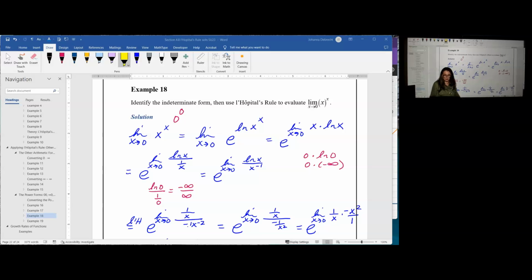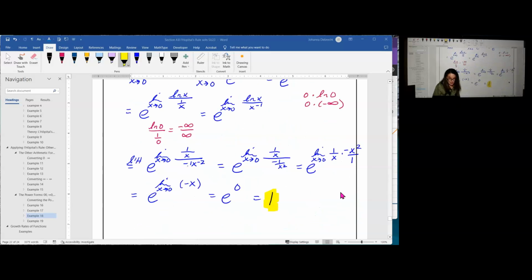Next, I apply L'Hopital's rule. When I apply L'Hopital's rule, I get a rather complicated algebraic expression. Make sure that you use a lot of space and write large so you won't make careless mistakes. Go ahead and take several steps to work it out rather than trying to do it in your head. If you do it in your head, you tend to make mistakes.